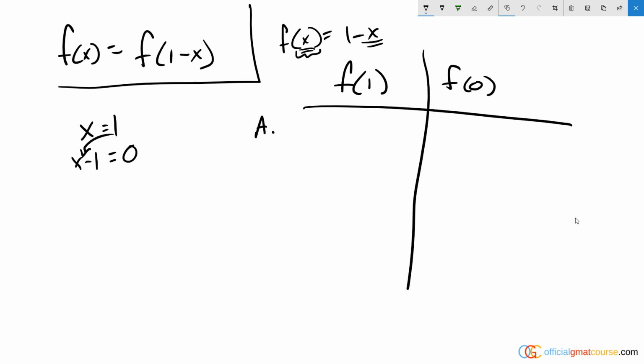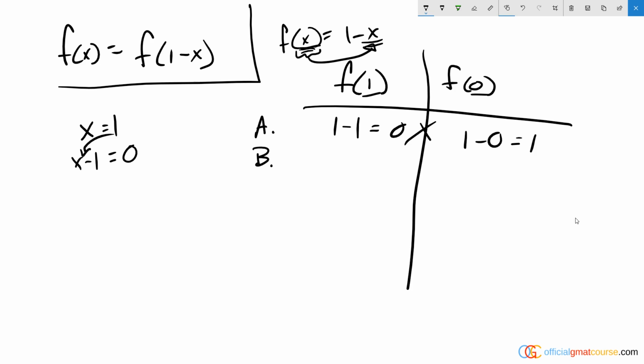We simply are replacing whatever goes in the brackets, for example, 1 or 0, in place of the variable x in the equation. So we have 1 minus 1, and we have 1 minus 0. And obviously, these give us two different answers. And so these do not check out, and this is not going to be the solution for which f of x equals f of 1 minus x.